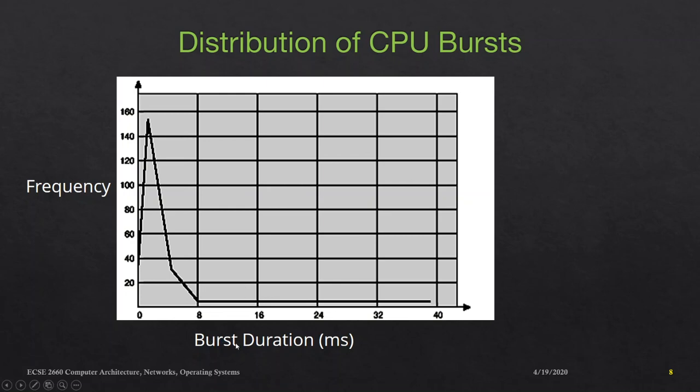So on the next slide over here, we look at the distribution of CPU bursts. On the x-axis, we have the burst duration in milliseconds, and on the y-axis, we have the frequency, which means the number of CPU bursts. And as you can see, there are a large number of CPU bursts that have a very short burst duration, and that peak is typically around the 3 millisecond mark.